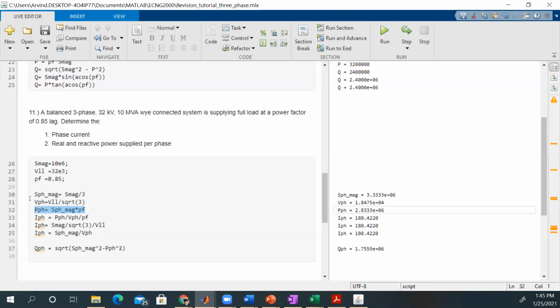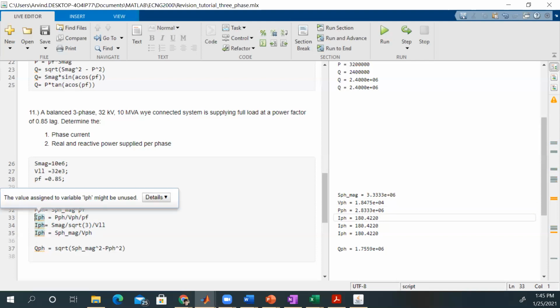So I get the per phase quantity there, and then I could find the current in different ways. I could use the equation P is equal to VI cosine theta. Of course, cosine theta is my power factor.